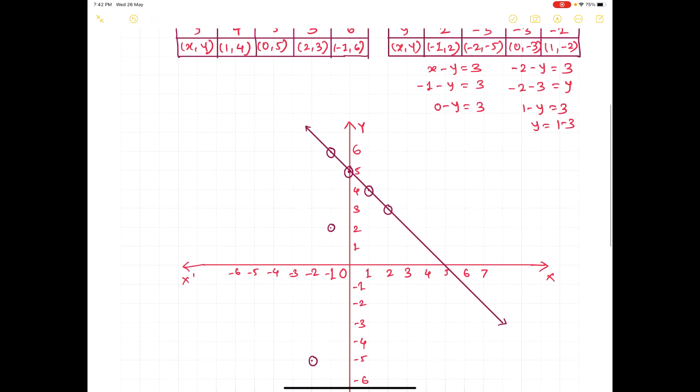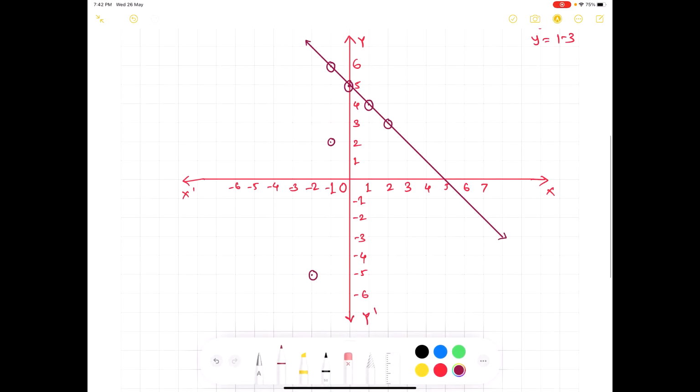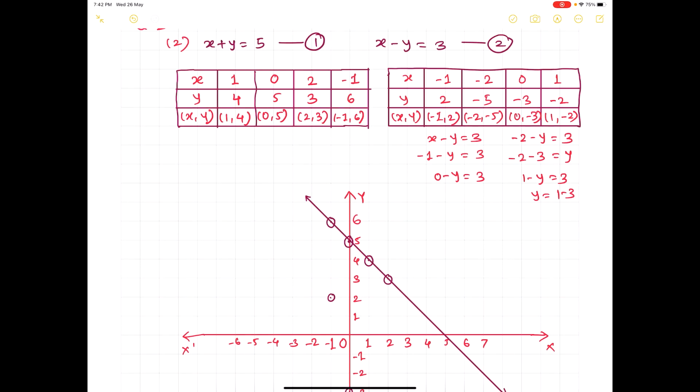Next, (0, -3). 0 means x is 0 and y is minus 3, so again the point will be on the y-axis. I guess something is wrong. Let me check. Here, for x equal to minus 2, minus 2 minus y is equal to 3, so y is minus 5.